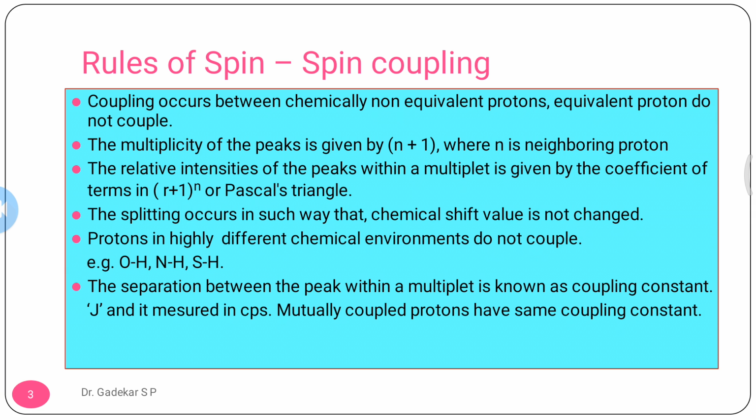Also, the third rule is relative intensity. The relative intensity of peaks within a multiplet is given by coefficient terms.